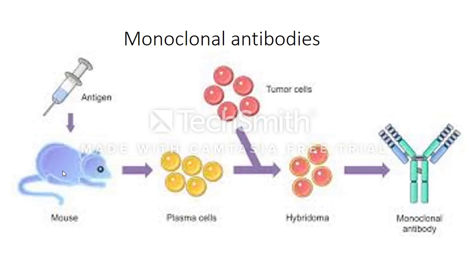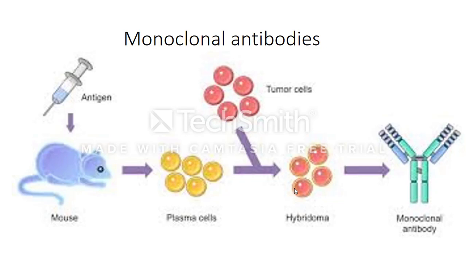So to get away from this issue, we fuse them to immortal cells, so transformed cells, also known as cancer cells. And these fused cells are considered hybridomas, and that's shown here. So we have these tumor cells, and we fuse them with these plasma cells and create these hybridomas.